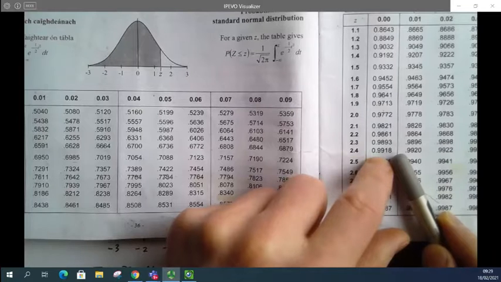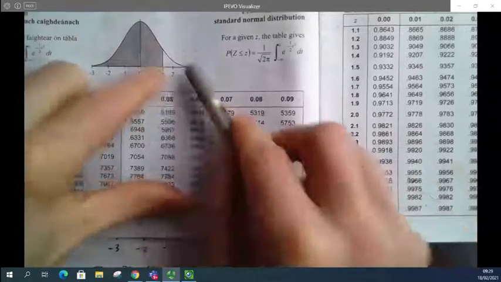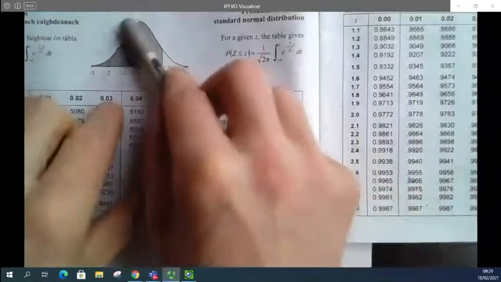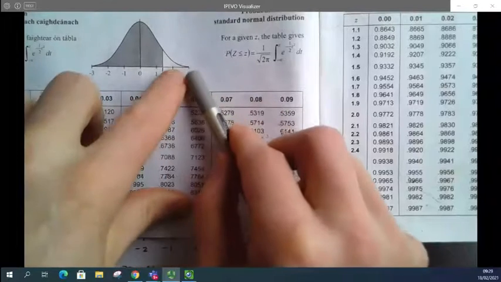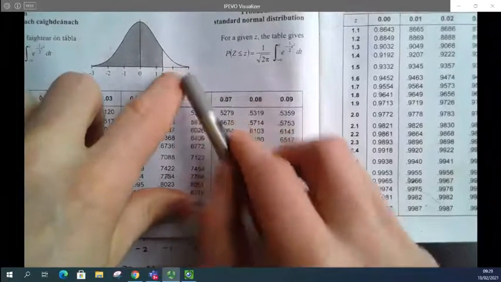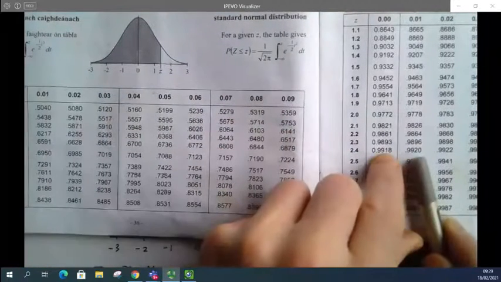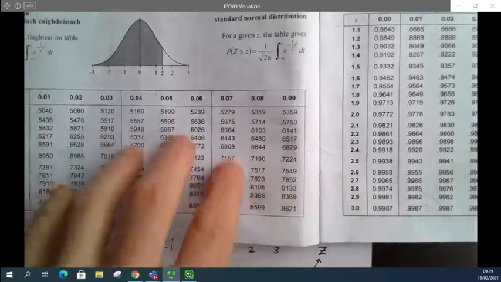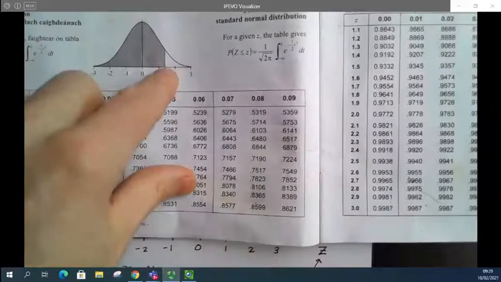Now, if you were asked for the probability that it has weight more than that, then you're in this white portion, and that would be the whole area underneath is 1, so the area beyond would be 1 minus this. Okay, so this table of data, all these numbers in here, 4-digit numbers, they're all probabilities or proportions, and they all give you the big proportion under the curve.